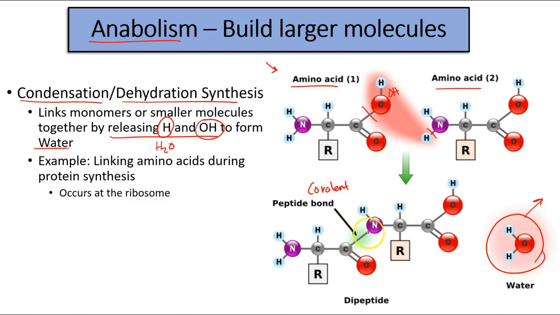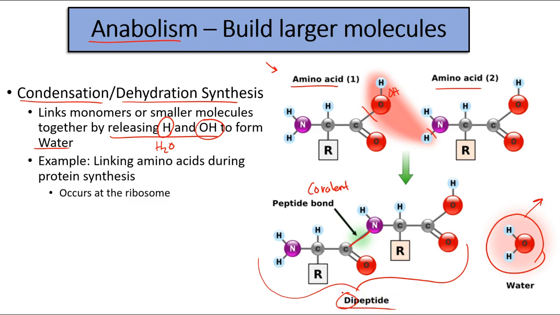You're forming this covalent bond between the carbon and the nitrogen. This carbon was the carbon of the carboxyl group. This nitrogen is the nitrogen of the amino group, and it forms this new bond which creates a 2 amino acid long chain called a dipeptide.